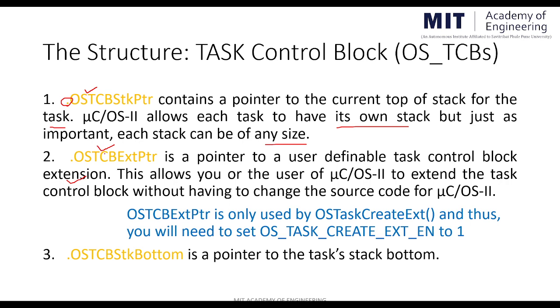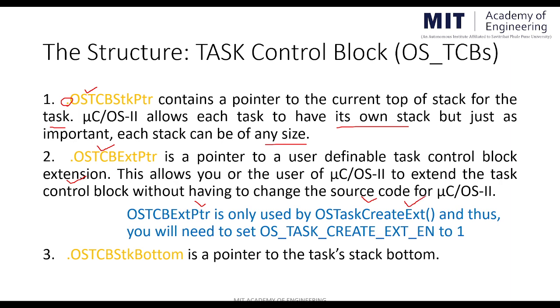This pointer holds that information. It allows the user of MuCOS2 to extend the task control block without having to change the source code of MuCOS2. Hence, OSTCBExtPtr is only used by the OSTaskCreateExt function.